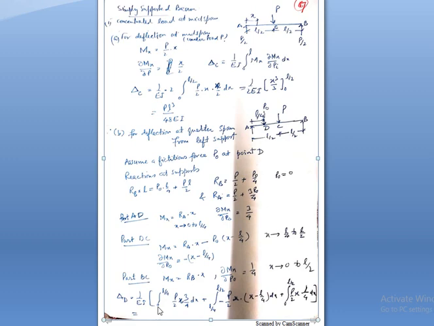For every part, AD, DC and CB, we have formed the equation for M_x and the derivative of M_x with respect to P_O. Now we substitute these values in this equation, and directly we will get the answer.